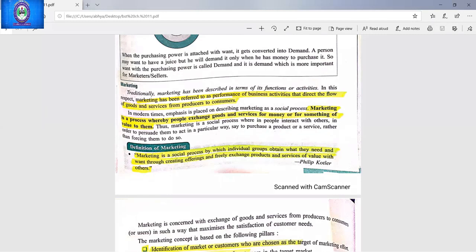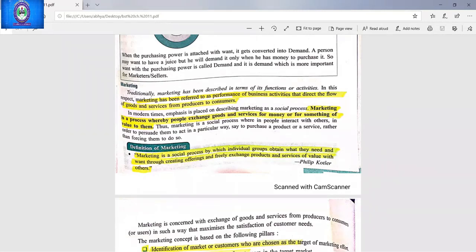In this respect, marketing has been referred to as performance of business activities that direct the flow of goods and services from producers to consumers. It means in earlier times, marketing referred to all those activities which were necessary to make the goods available from the place of producer to the place of consumers.